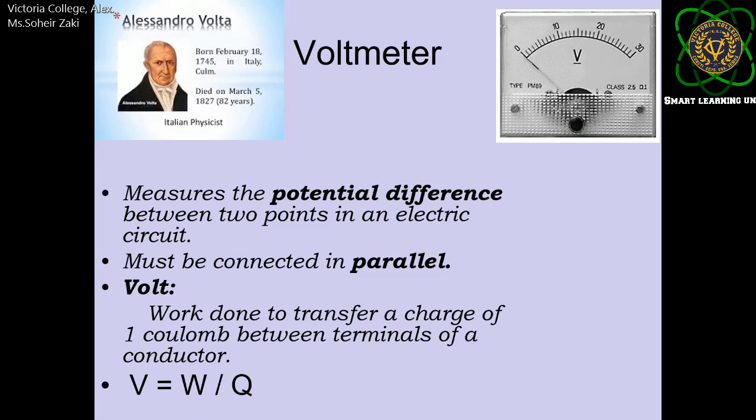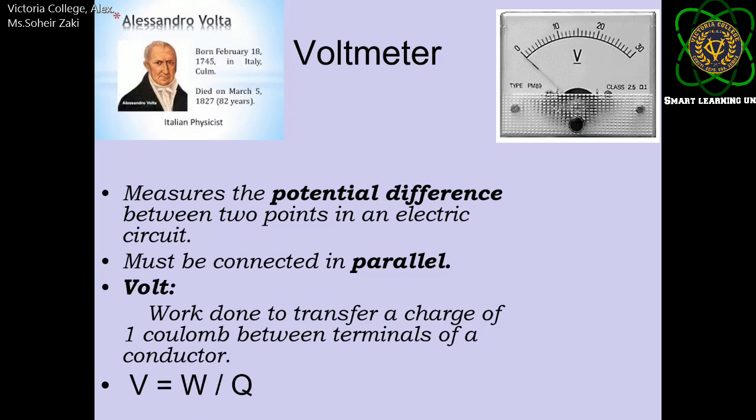So we measure the potential difference between two points of a circuit by connecting the voltmeter in parallel to this circuit, and the unit used to measure the potential difference is called the volt.